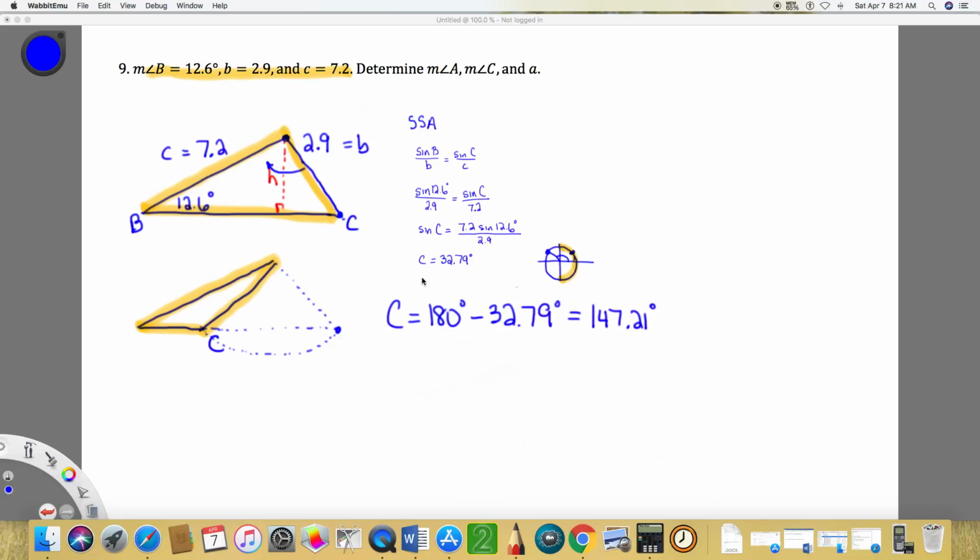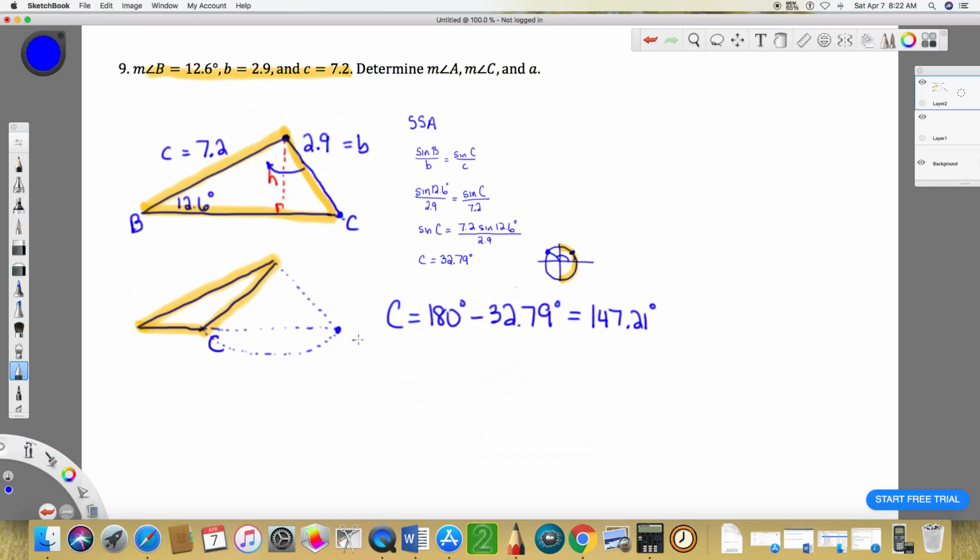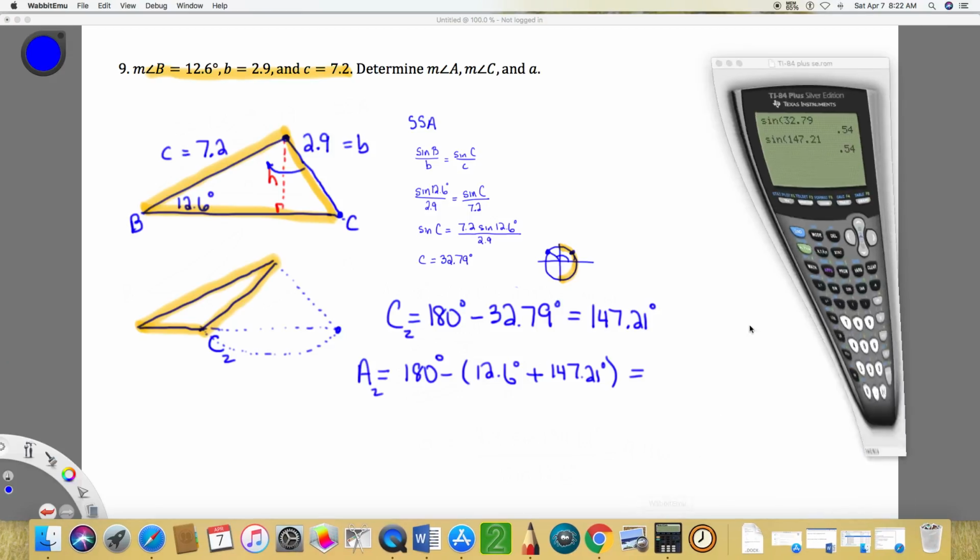Let's call it C2 or something like that, because now we're finding the information on the second triangle down here. So by our triangle angle sum theorem, we know the measure of angle A, the second A, is 180 minus the given angle of 12.6 degrees plus this 147.21 degrees.